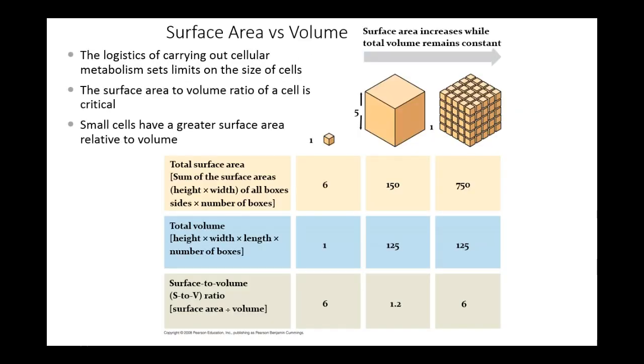A little bit about, or actually more than a little bit about, this surface area versus volume. Surface area will increase while total volume remains constant when one goes from one unit to multiple units.